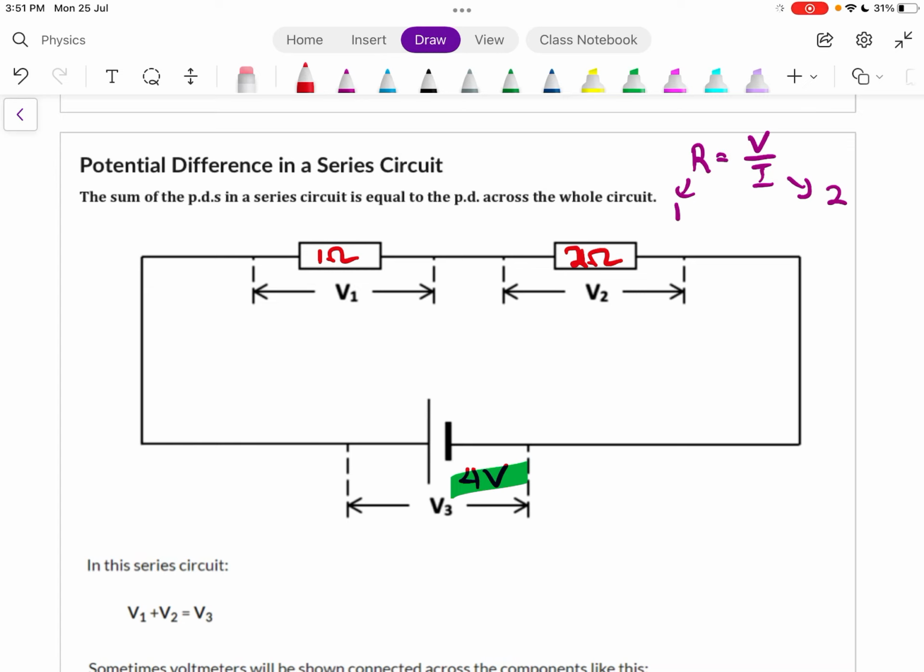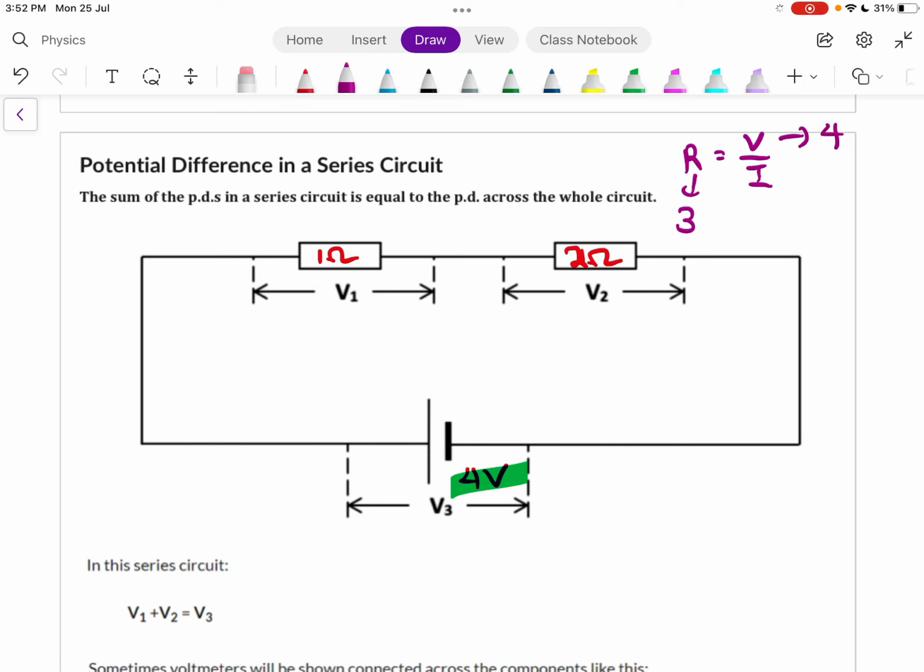Okay, so let's use the R equal to V over I to determine what is the total current that's flowing through your series circuit. So for the current, of course the total resistance is 3. 2 plus 1 is 3, right? So R equal to V over I. So R is equal to 2 plus 1, 3. Your V is the total EMF or the voltage of the battery, which is 4 volts.